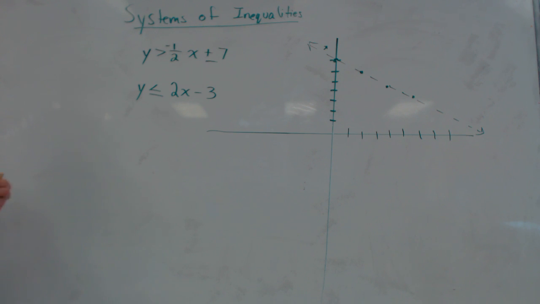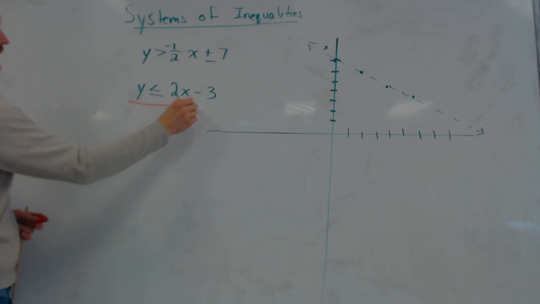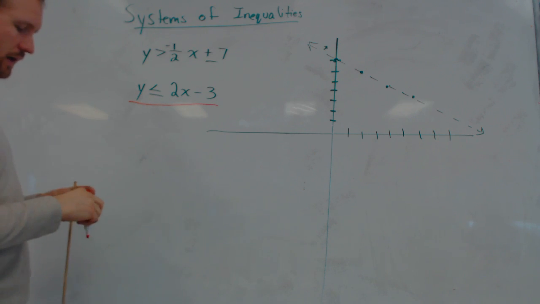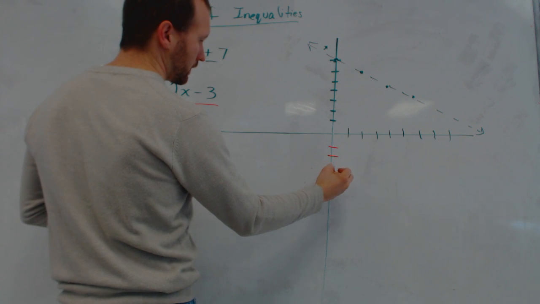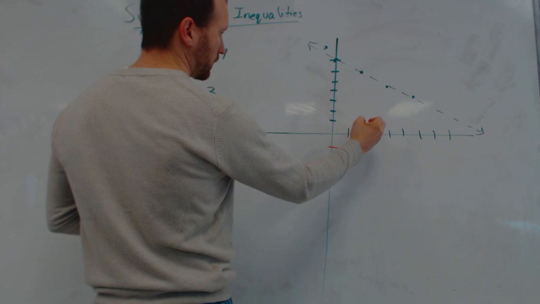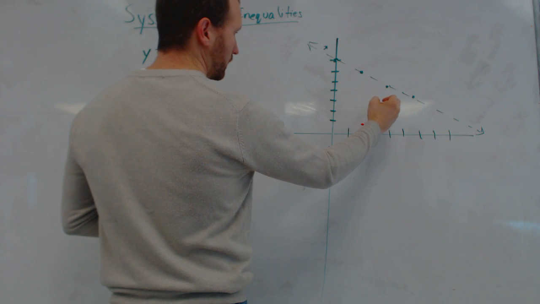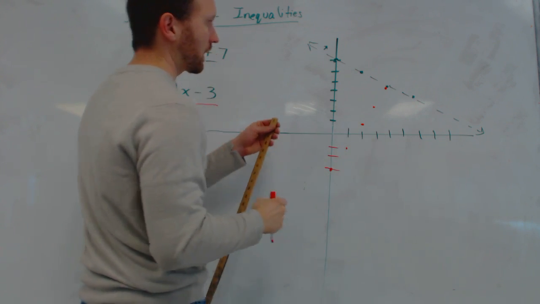Okay. Second line, let's graph it in a different color. We'll graph this one in red. So I start out by going down 3, to negative 3, and then I go up 2 over 1, up 2 over 1, up 2 over 1, something like that.